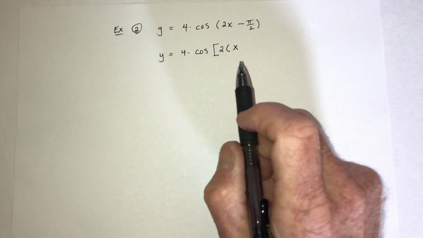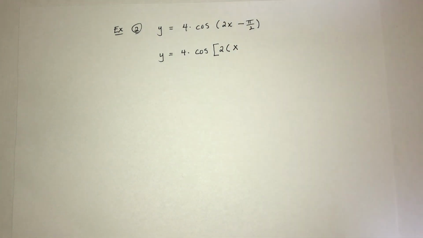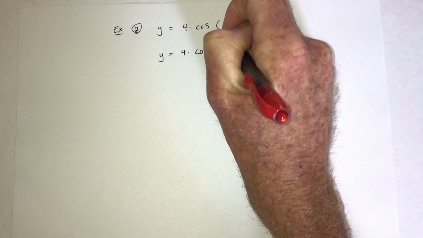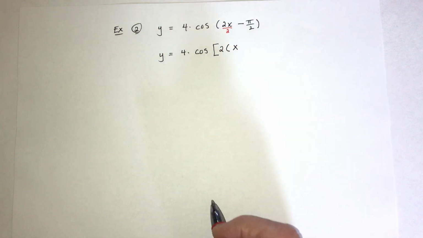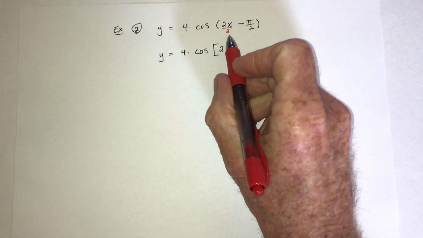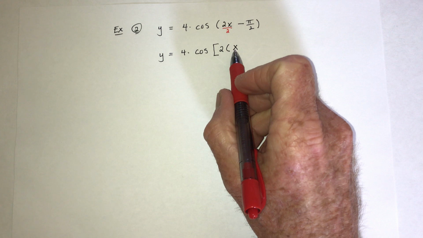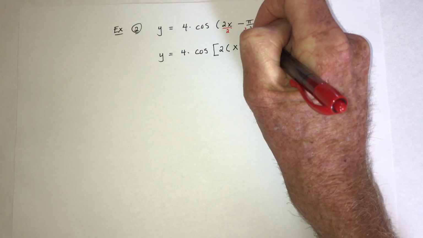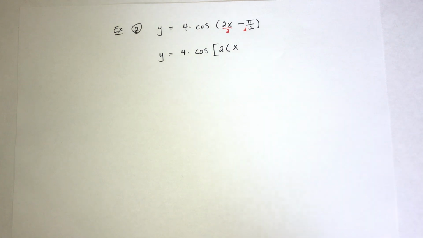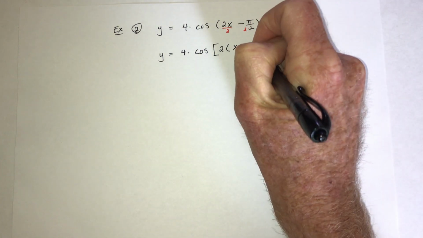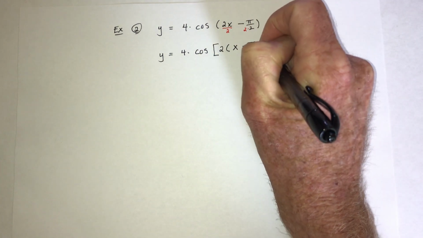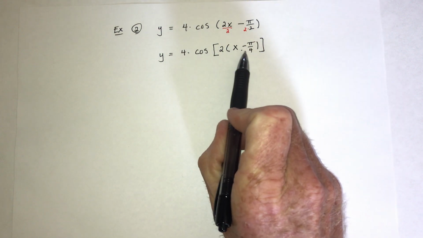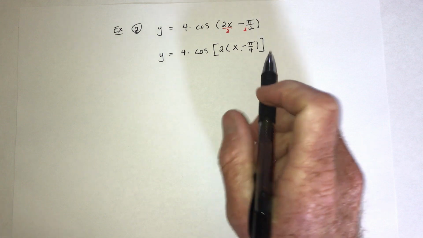I know, I should put an x. Or another way to look at it is, by factoring out a 2, that's the same as dividing out a 2. So then these 2's will cancel, and you just have x. Well, you also need to do the same thing here, factor out a 2 or divide by 2, and it's going to leave minus pi over 4. So it gets shifted to the right by pi over 4.